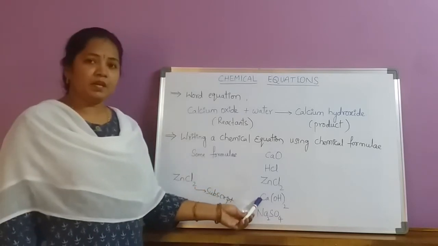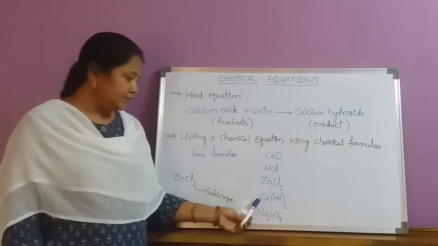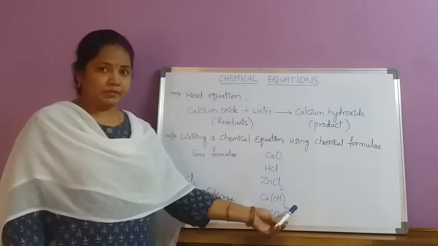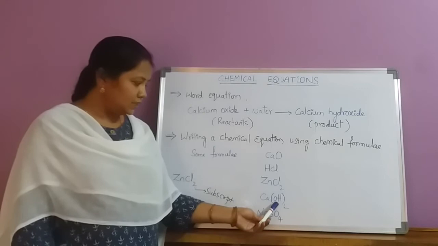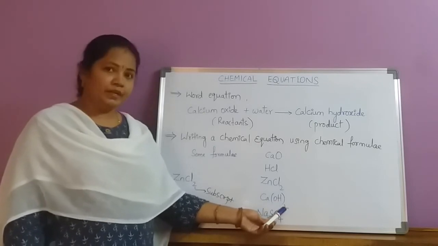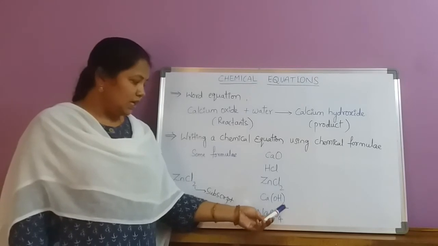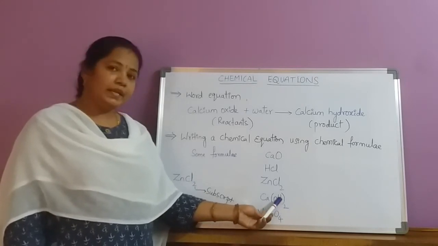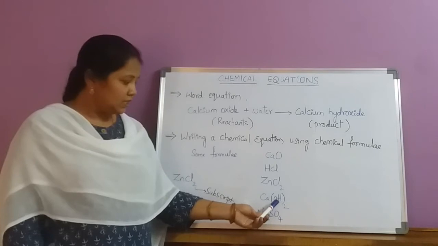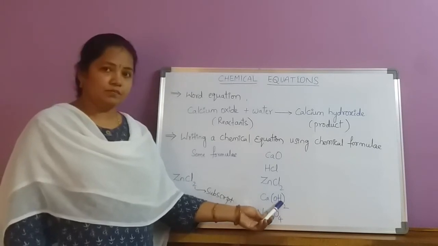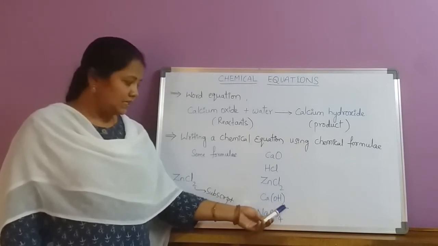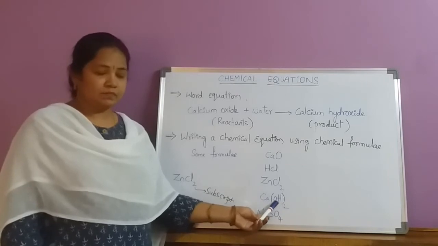Similarly, the calcium hydroxide chemical formula is represented like this: Ca(OH)2. Here we have to see that this subscript 2 is not only for hydrogen or oxygen, but it represents both the elements present inside the bracket. Inside the bracket we have oxygen and hydrogen, so this subscript represents these two elements.